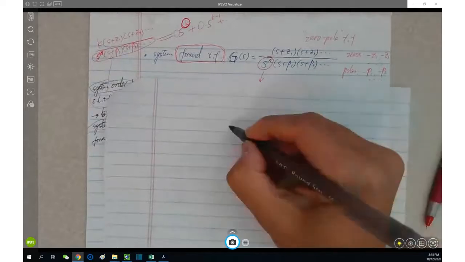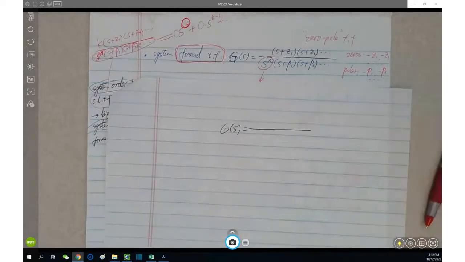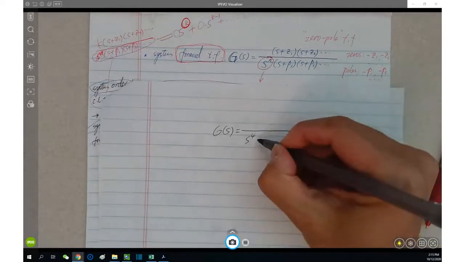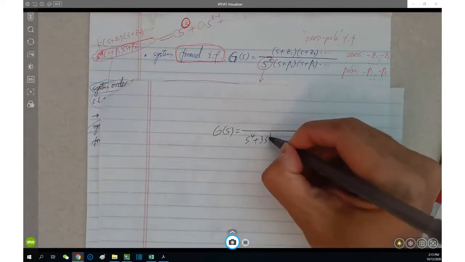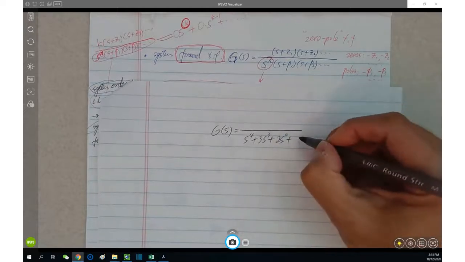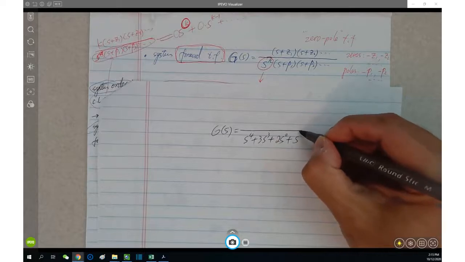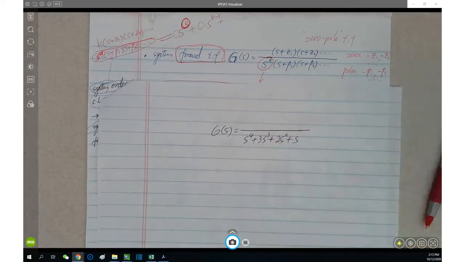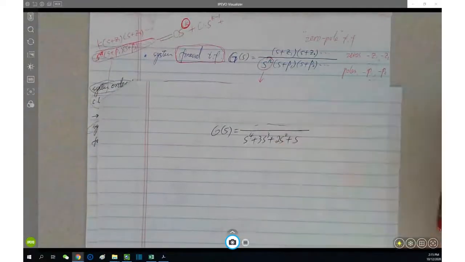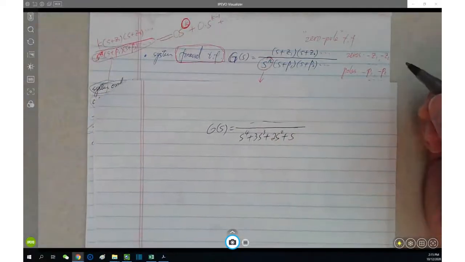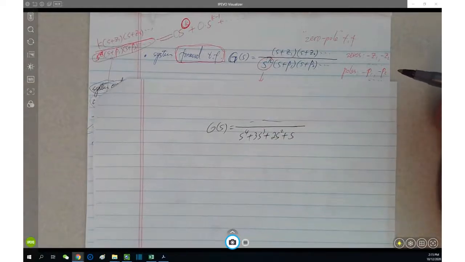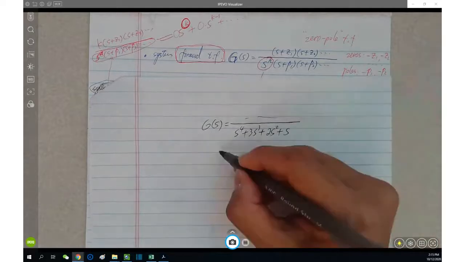Given a G of S forward transfer function, which equals what? 3s^3 plus 2s^2 plus s. And the numerator might be whatever I give you. What is the system order? System type. System type is what?